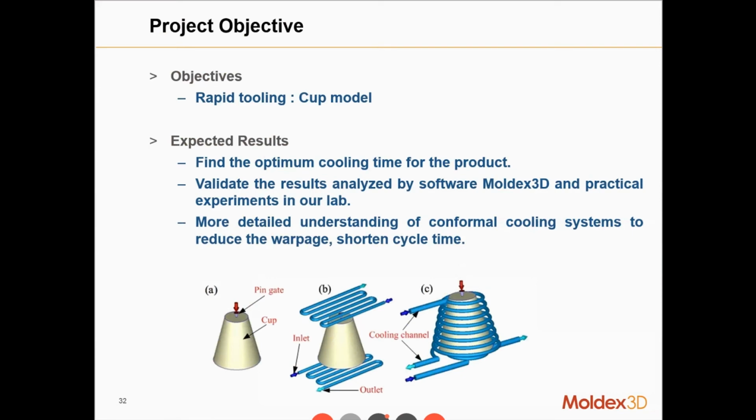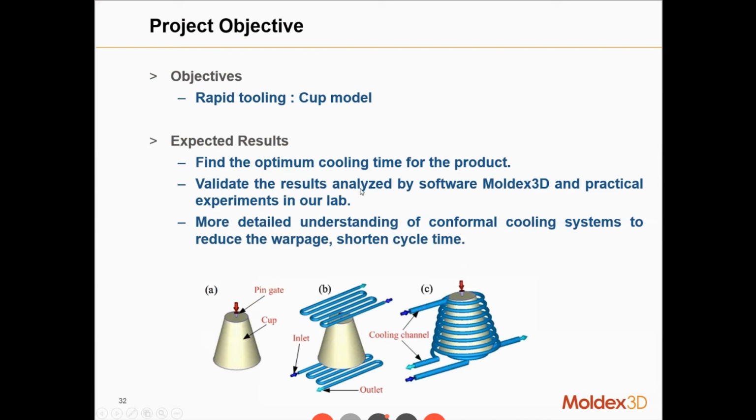Now they are trying to do three types of tooling. One with no cooling channel, the second one with conventional cooling channel, and the third one with conformal cooling channel.